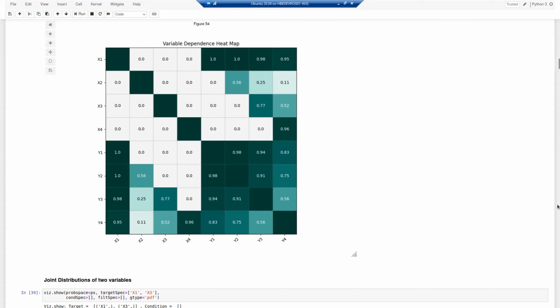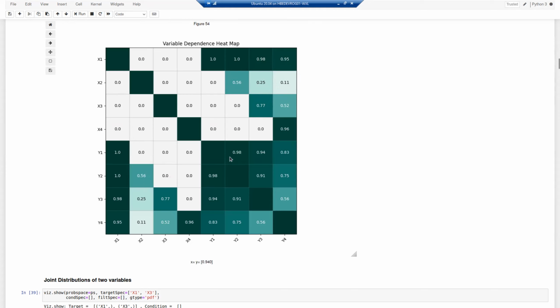So if we look, for example, at x1, we can see it has very certain dependence with all 4 of the variables. As we get down to x2, those dependencies become a little bit weaker, etc. But notice that all of the y variables are dependent on each other.